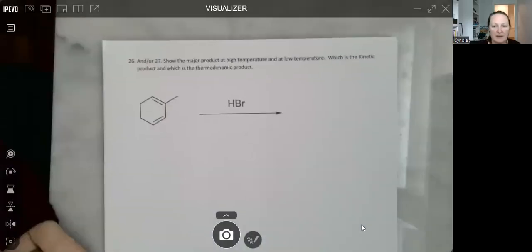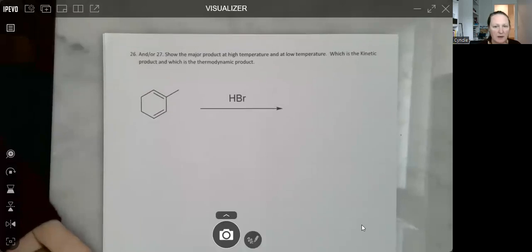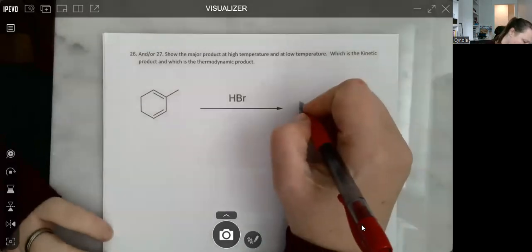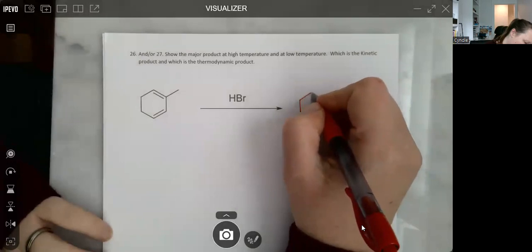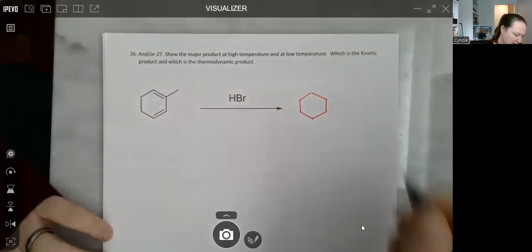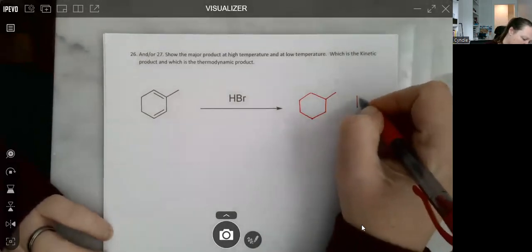All right, going back to this, we have wanting to draw the major products at high and low temperature, and labeling them as kinetic and thermodynamic product. Okay, so what we want to do is think about where we're going to place the hydrogen first. And I'm going to form more than one product.